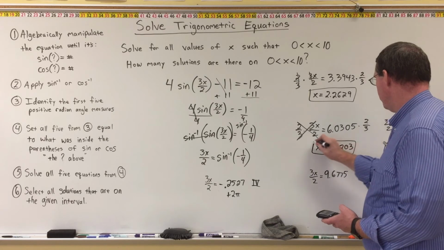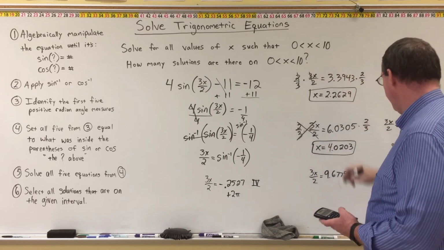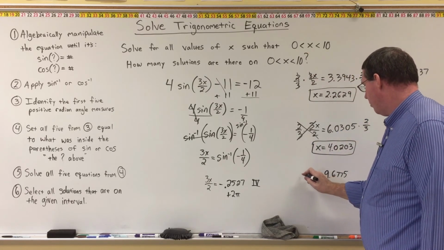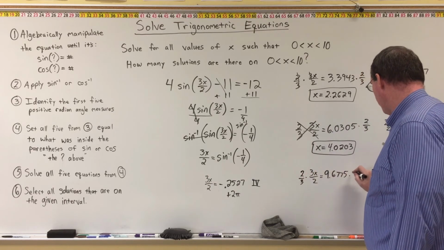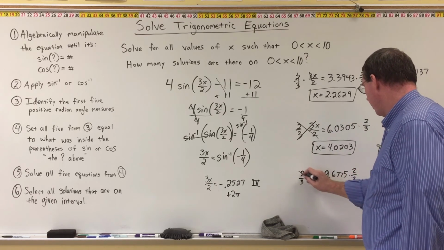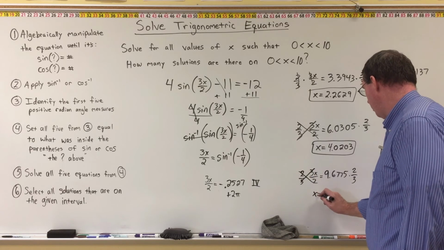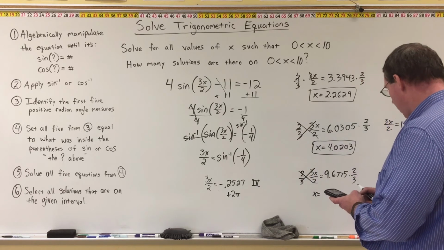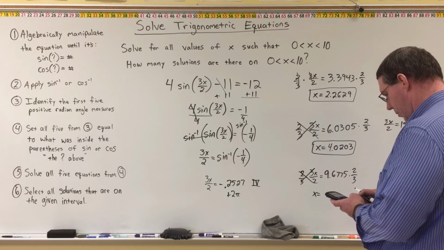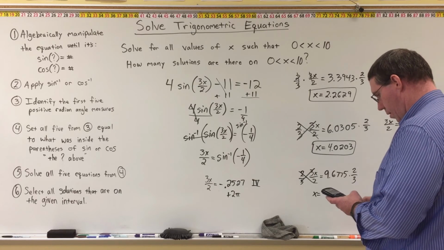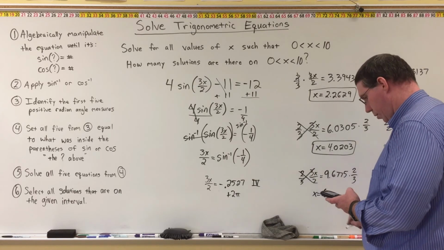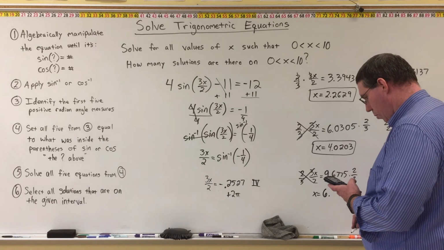All right, there's my second solution. Also between 0 and 10. So for this one now I'm going to multiply by 2/3 on both sides. It's going to cancel these, bring down the x, equals 9.6775 times 2/3 is 6.4517.